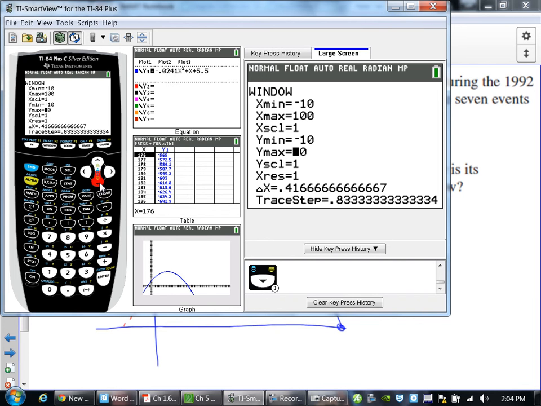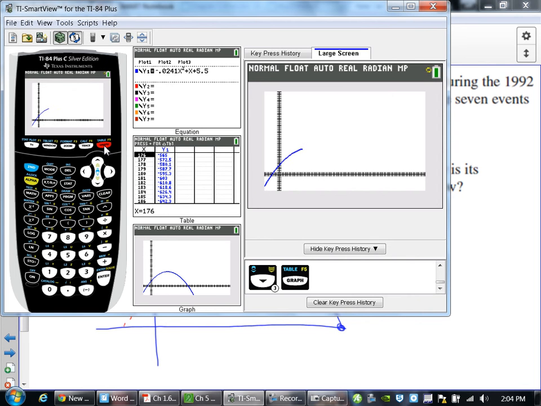Yes, ma'am? We'll look at your window. We're adjusting our window right now to play with it. Your window's all messed up. Hit quit and hit window again.